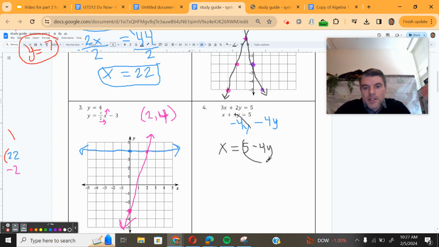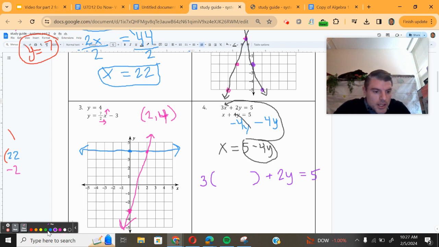I'm going to plug this into the other equation, which is 3x plus 2y equals 5.